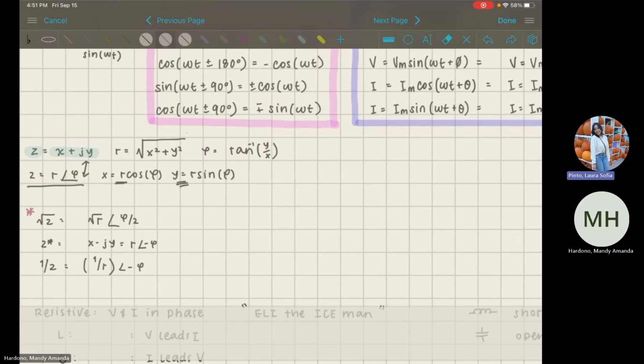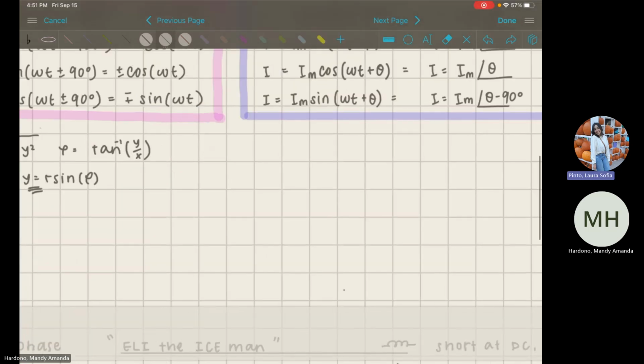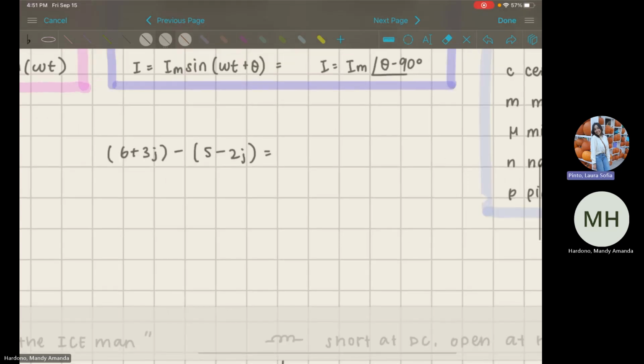So you have all done some of the phasor math in the previous homeworks. Let's say you have a 6 plus 3j minus a 5 minus 2j. And these subtract like normal, right?